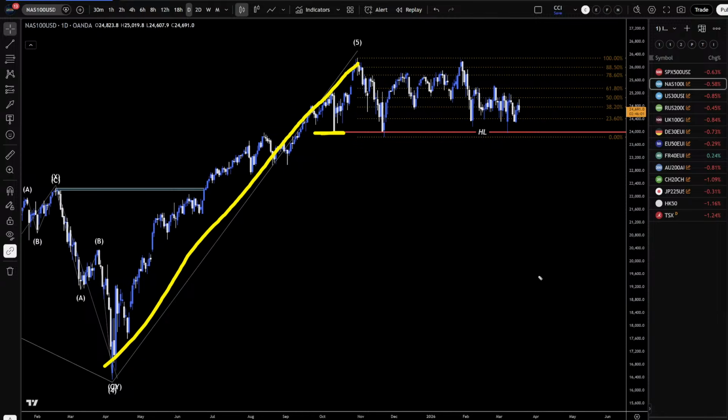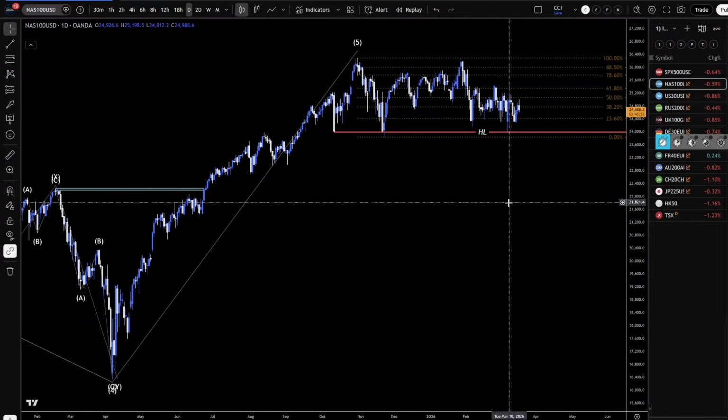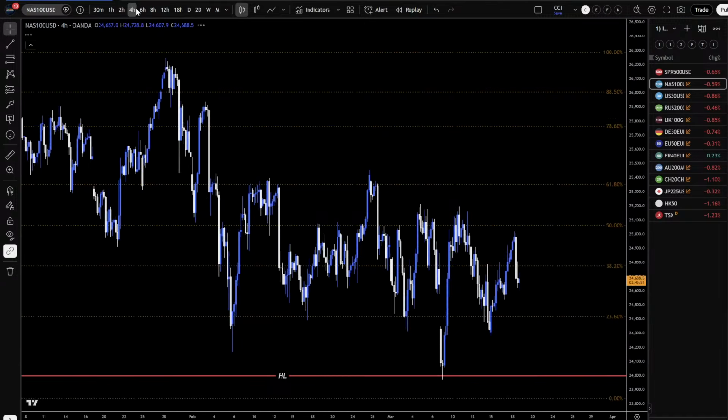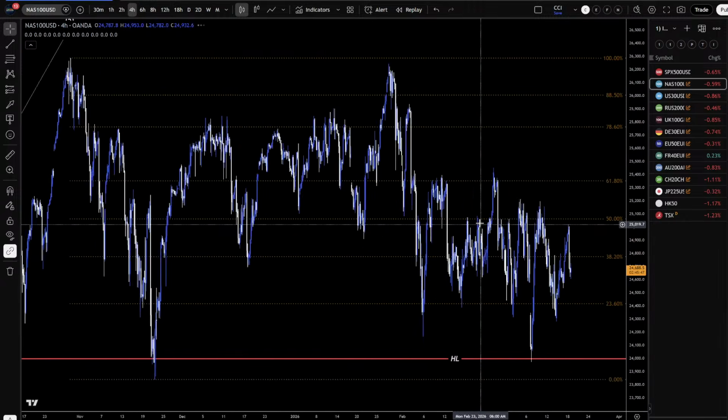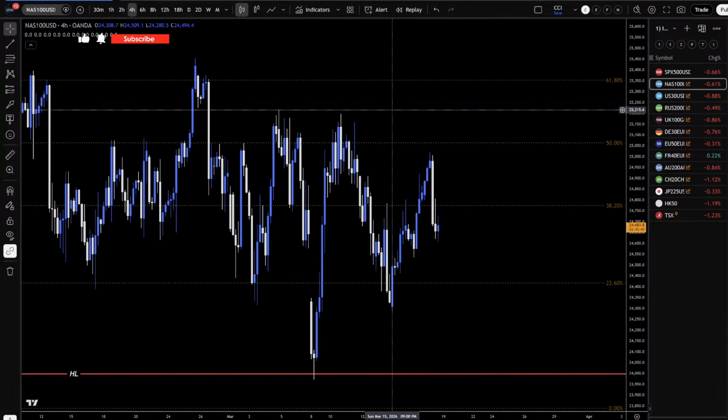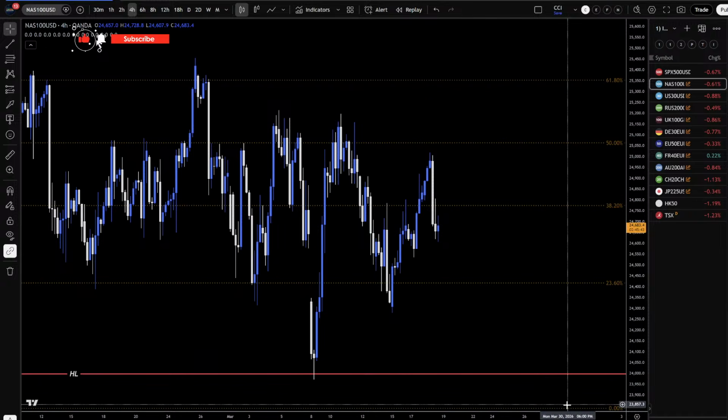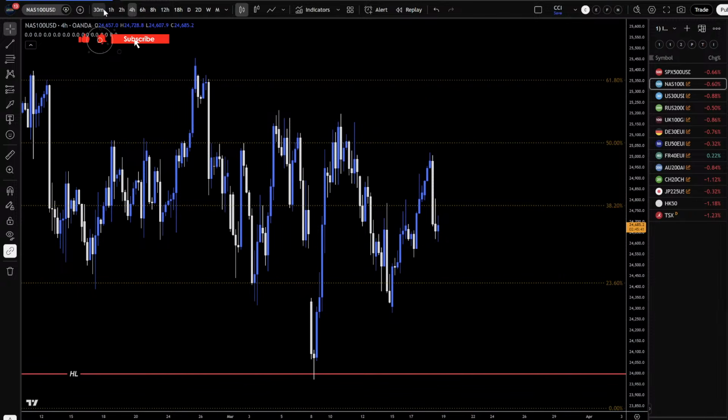I personally think that it will break structure, but there's also a chance that it just rejects it and goes back up. We don't really know. That's the problem with Elliott wave traders, in my opinion: you don't know what's going to happen, but you think you know, and because of that, you end up making trades based on what you think you know, even though usually what you think you know is not even correct.